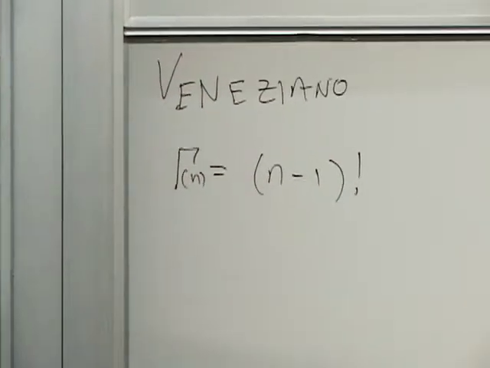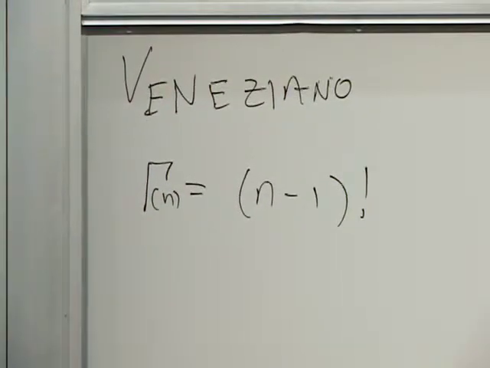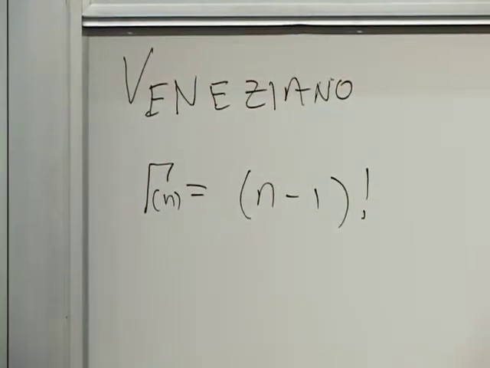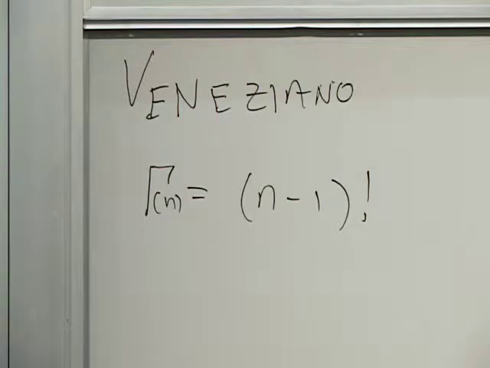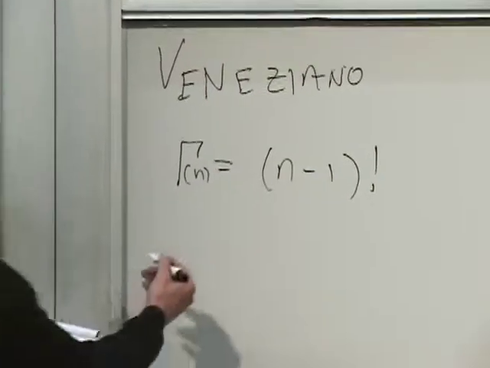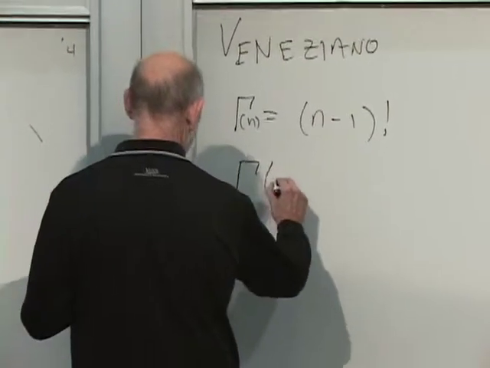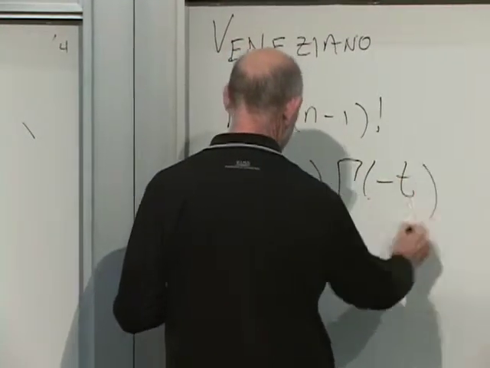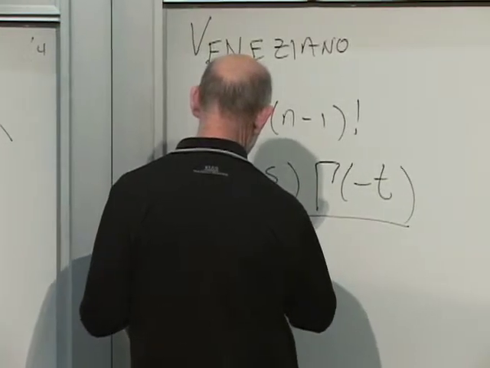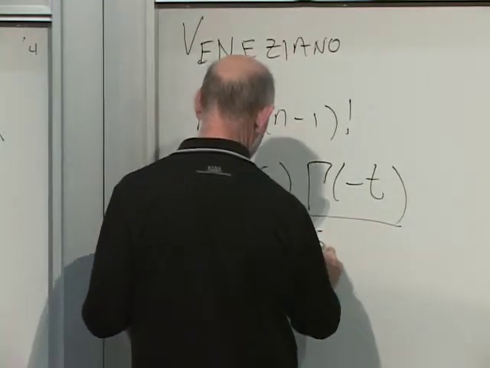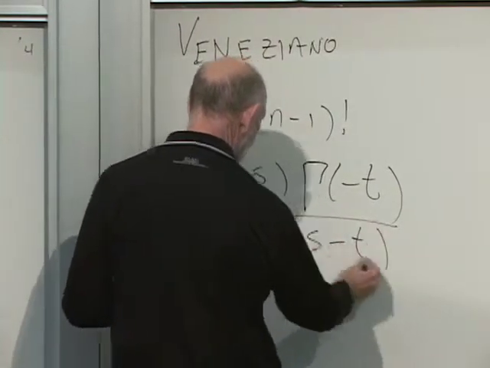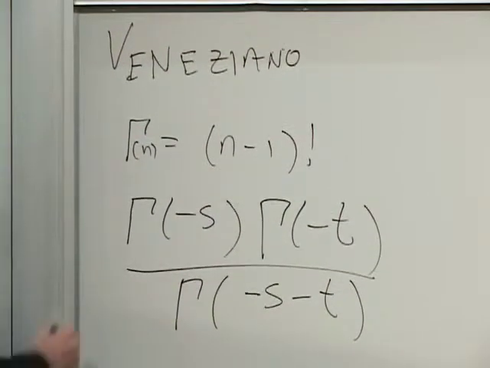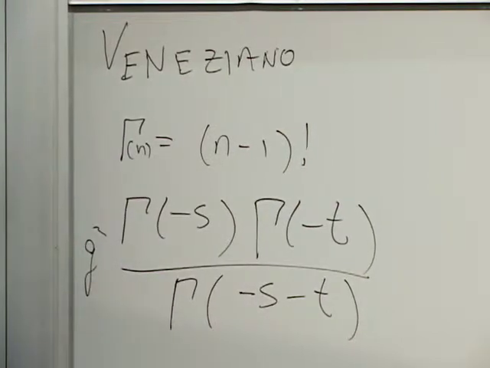But it's defined for non-integers too, and I won't tell you. It's defined by an integral, and it continuously interpolates between the integers. This is it. This is the Veneziano amplitude multiplied by the coupling constant squared.